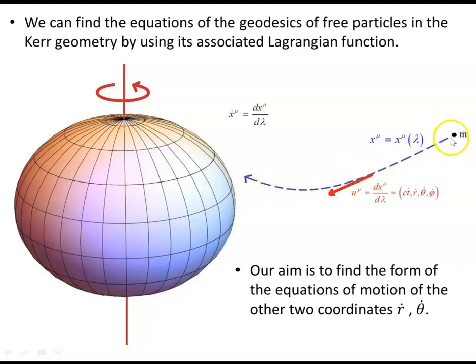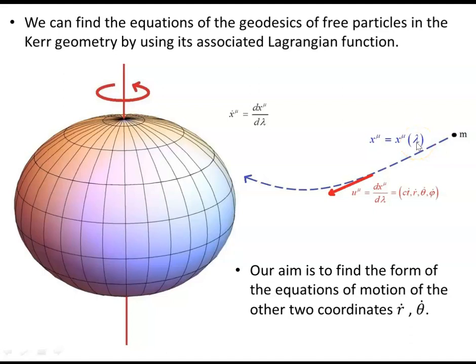Free particles move along geodesics and it will freely fall towards the source mass. Now, as we said in the previous video, it's not possible to have purely radial paths here. In the Kerr geometry, you have the frame dragging effect, which pulls particles off radial paths. We parameterize the geodesics followed by this free particle in terms of the parameter lambda.